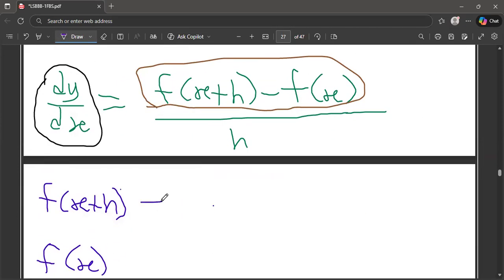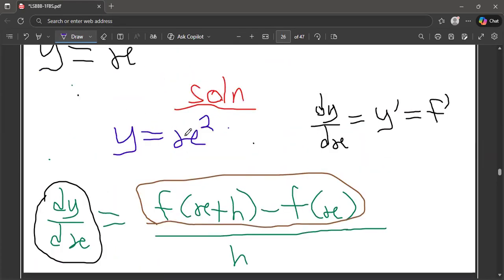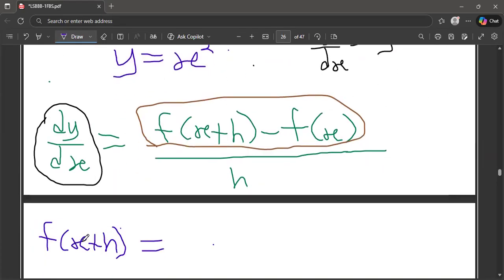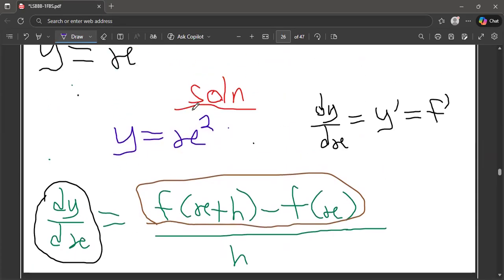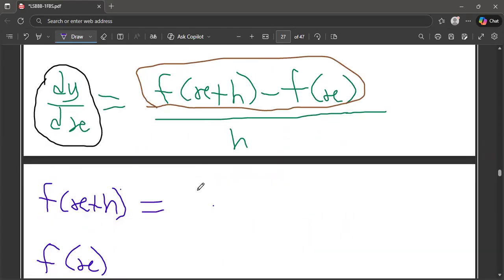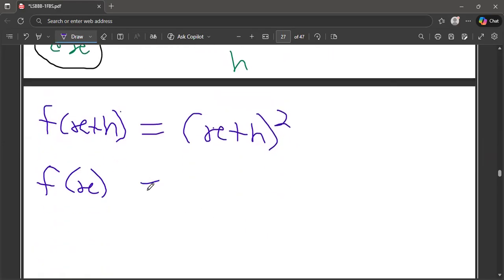The first one is equal to x squared. Anywhere you see x, you're going to put x plus h over there. So the function is just x squared, so I'm just going to write x plus h, squared. And then in place of f of x, what am I going to write over there?